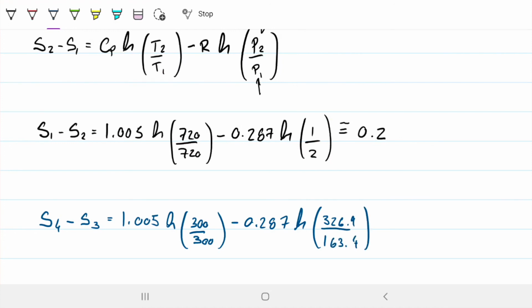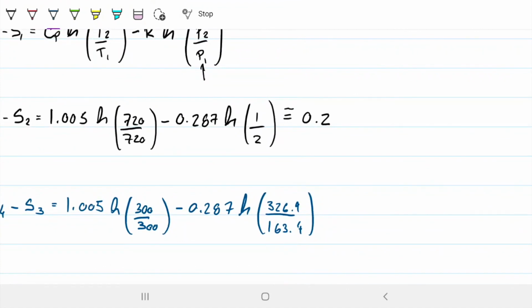So again, note that we're getting all the same values, right? So this is about negative 0.99021, so 0.2, probably 0.2. Forgot the units. Note that the units are going to be just the same units as R and CP, which is kilojoules per kilogram per Kelvin, and the same thing here, kilojoules per kilogram per Kelvin.